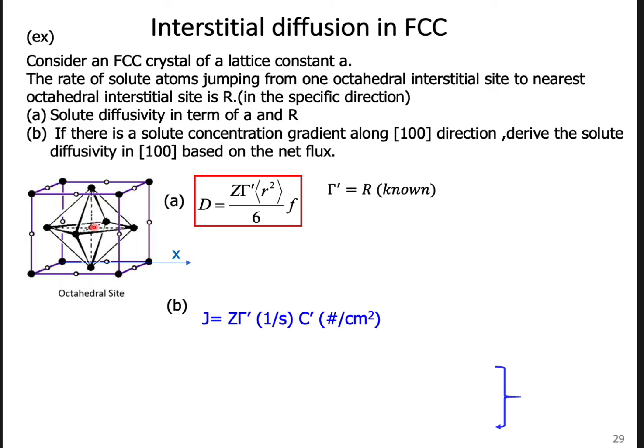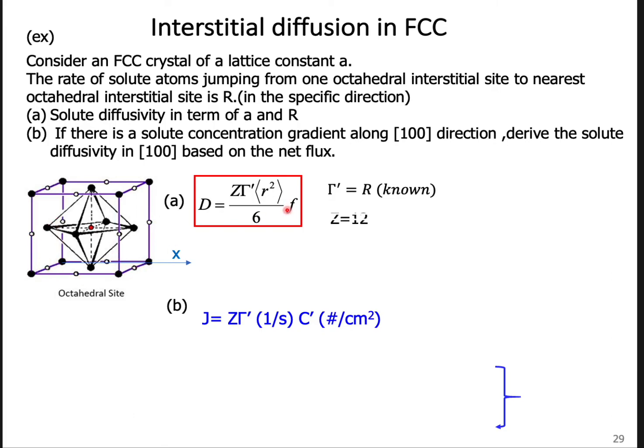Now, because it is an interstitial site, you need to label all the interstitial sites and focus here to determine Z. So the nearest interstitial sites will be how many? 1, 2, 3, 4, 5, 6, 7, 8, 9, 10, 11, 12.